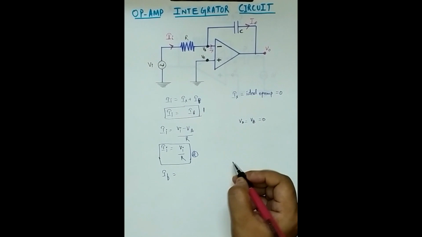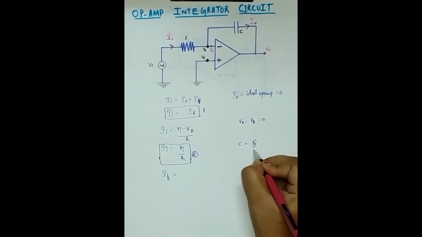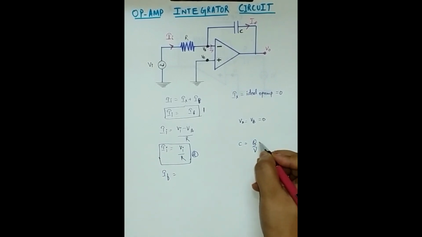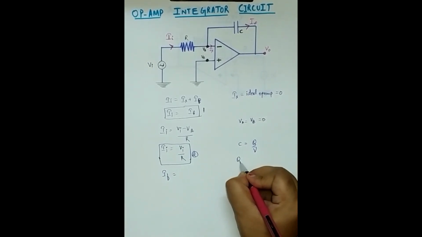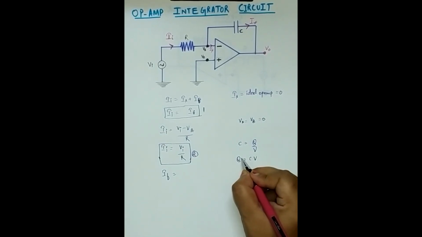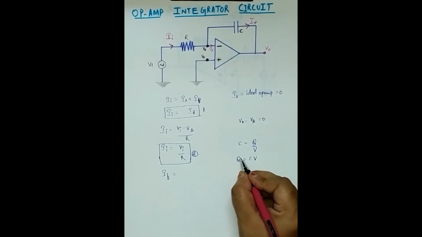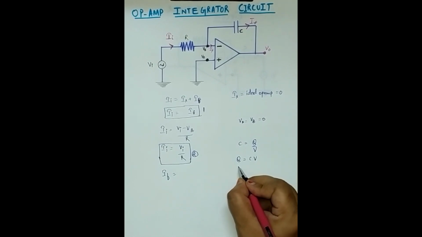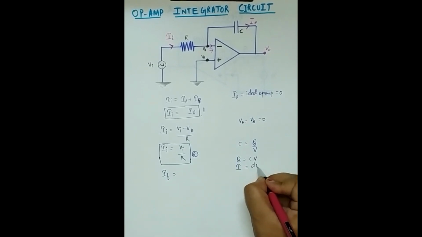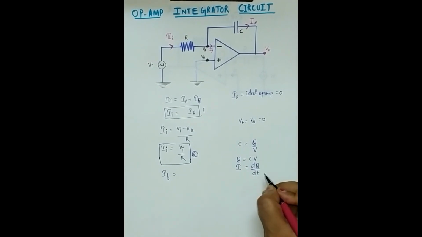If you remember, C equals Q by V, capacitance equals charge per voltage, or it can also be written as Q equals C into V. If I express this charge in terms of current, current is the change in charge, so it can be written as dq by dt.